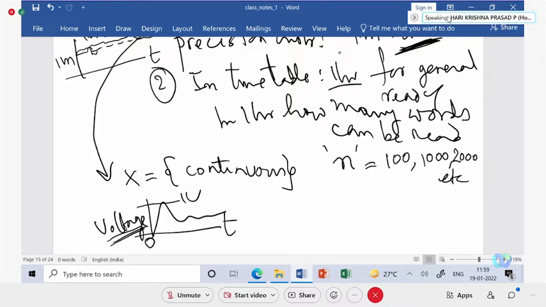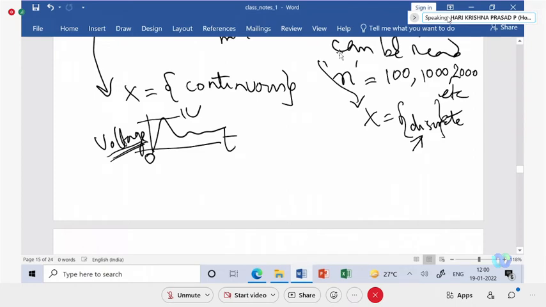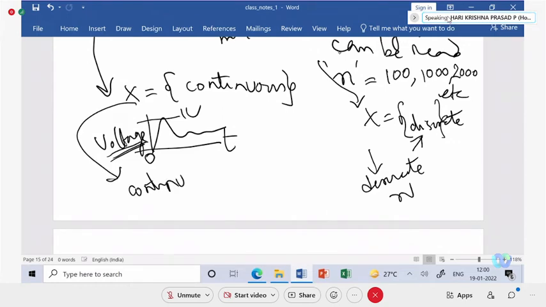In the second example, the number of words that you can read is always a finite discrete value. That is referred to as a discrete random variable. If the random variable takes discrete values, it is a discrete random variable. If it takes a set of continuous values, it is a continuous random variable. Is it fine?